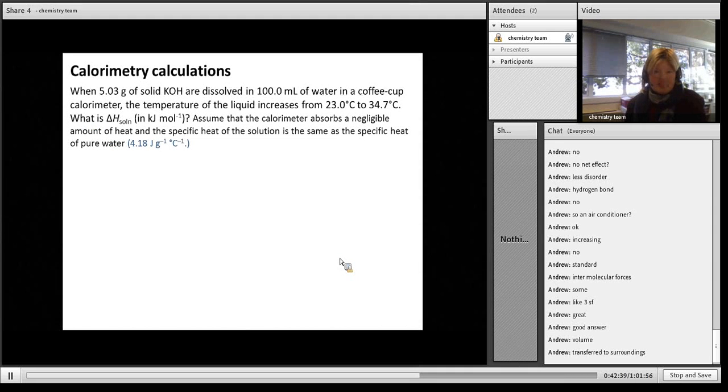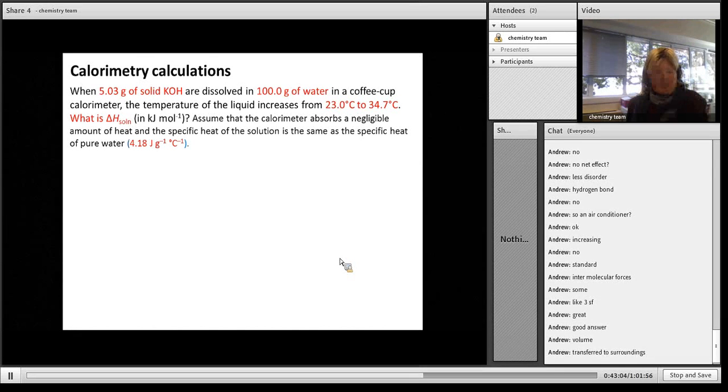So here's an example. Whenever you see a whole mass of numbers like this, I really strongly recommend you highlight the key points. Underline them, use a highlighter, whatever you've got. It just makes something stand out from all those hundreds of words. You're given a mass of KOH.